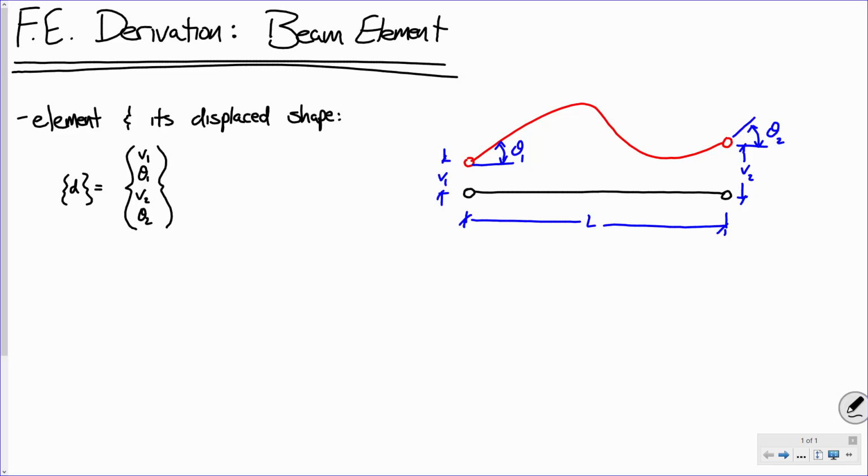Okay. Now, what we did with the bar element last time is we said, all right, all we have for the bar element are two unknown displacements. We have one here and one there, right? A U1 and a U2. We said, well, if I have two constants, two graphed constant values, and I want to find a value in between them, the easiest way to do that mathematically is linear interpolation.